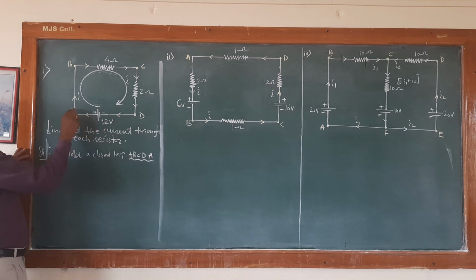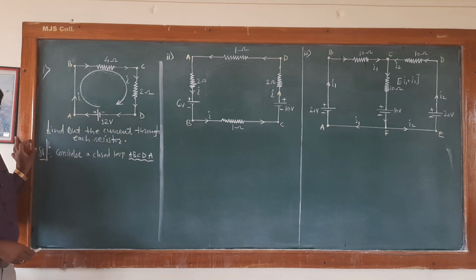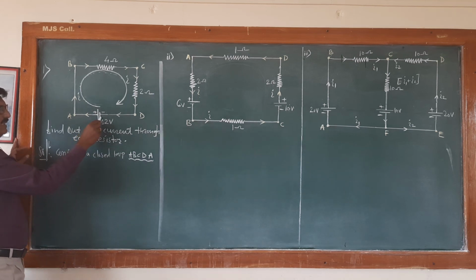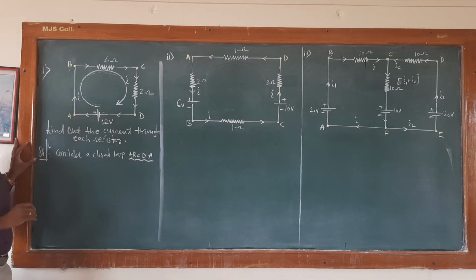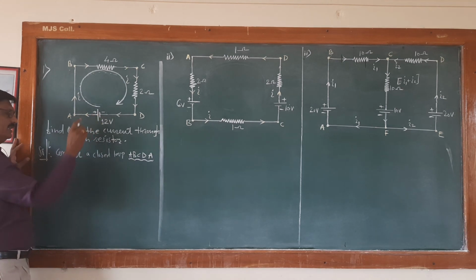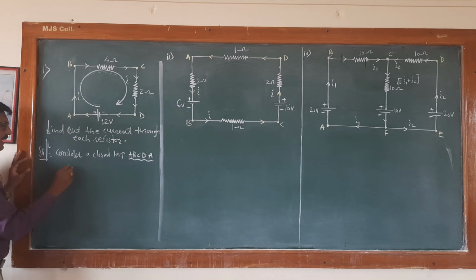Therefore, here the EMF is positive, as we know from the sign convention of voltage law. Potential difference: EMF is positive if we traverse from the negative terminal to the positive terminal of the cell, that is, from lower potential to higher potential.